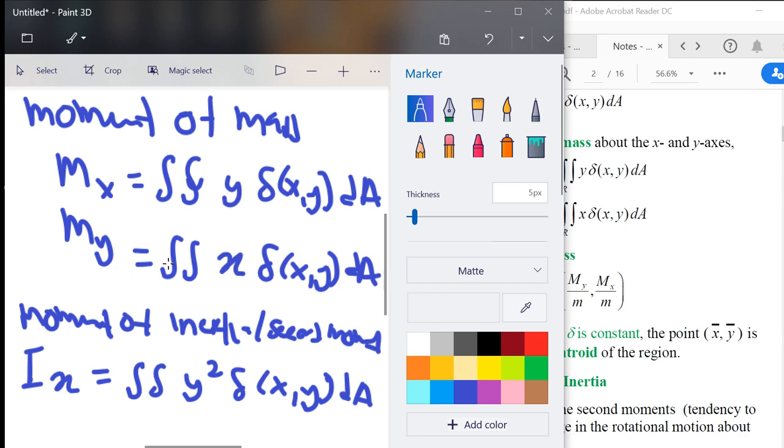If you take a look, basically it comes from here, we square the y. The moment of inertia for y is equal to x squared delta of x, y, dA.